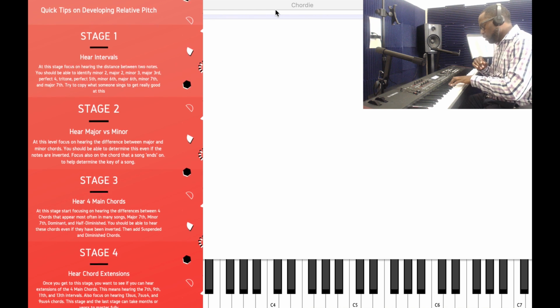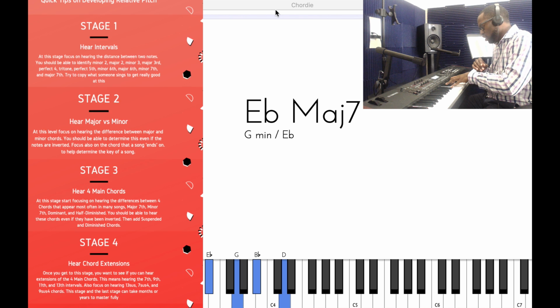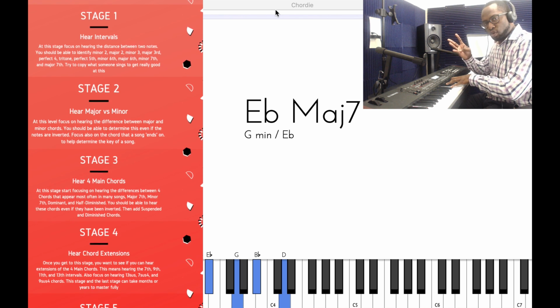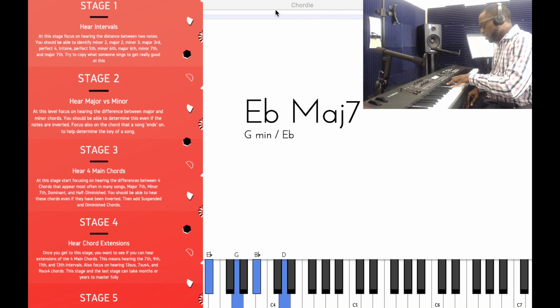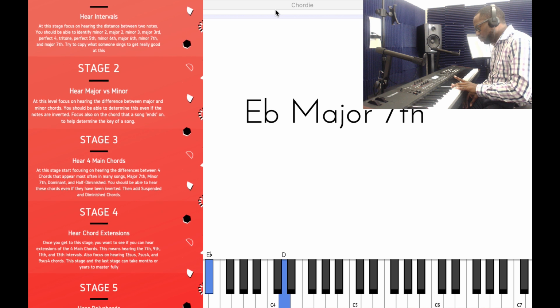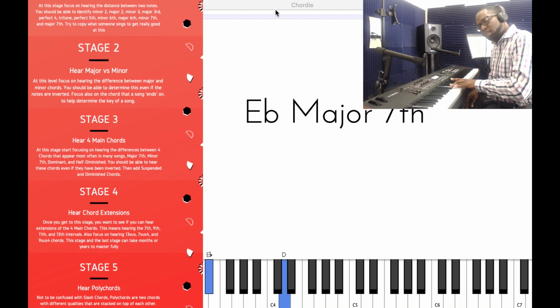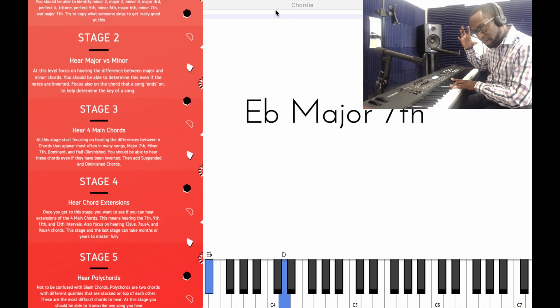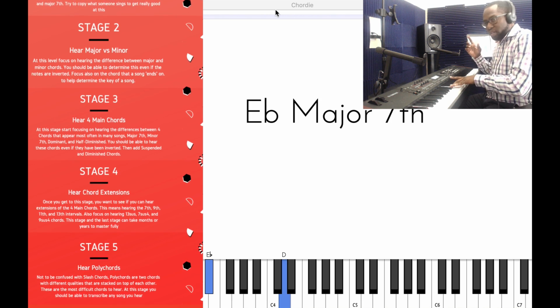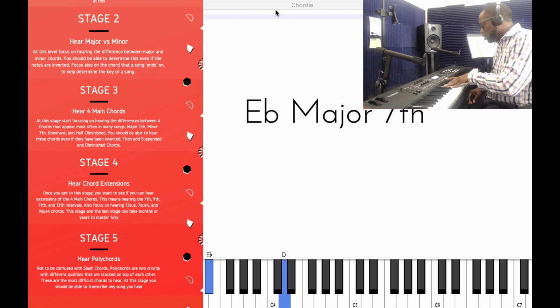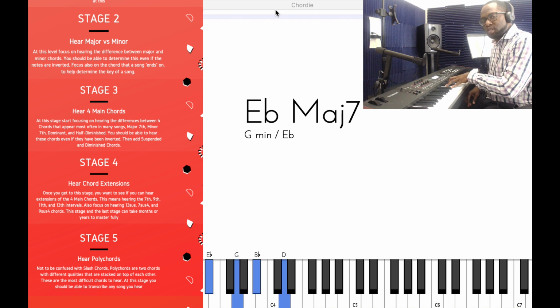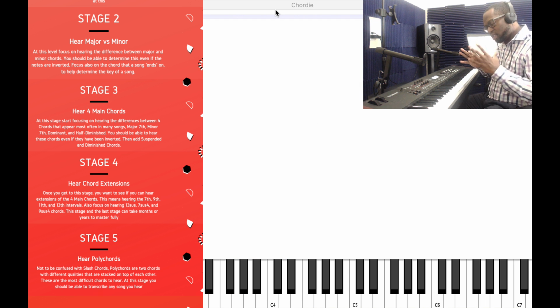Because instead of hearing the 4 chords, you can make a stage 1 decision and say, well, I'm hearing the top and the bottom note, which is a minor 7, a major 7, right? And then that means that you're listening for intervals now. You see what I mean? And that can really help you, because hearing that major 7, you could probably just figure out the rest, that it's a major 7 chord. So again, it's not so much I'm stage 1, I'm stage 2, I'm stage 3. What level do you want to hear the chord at?